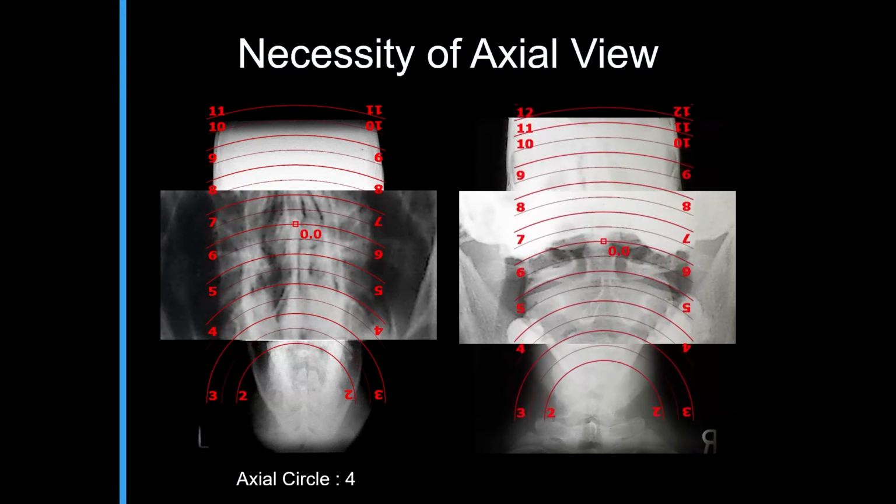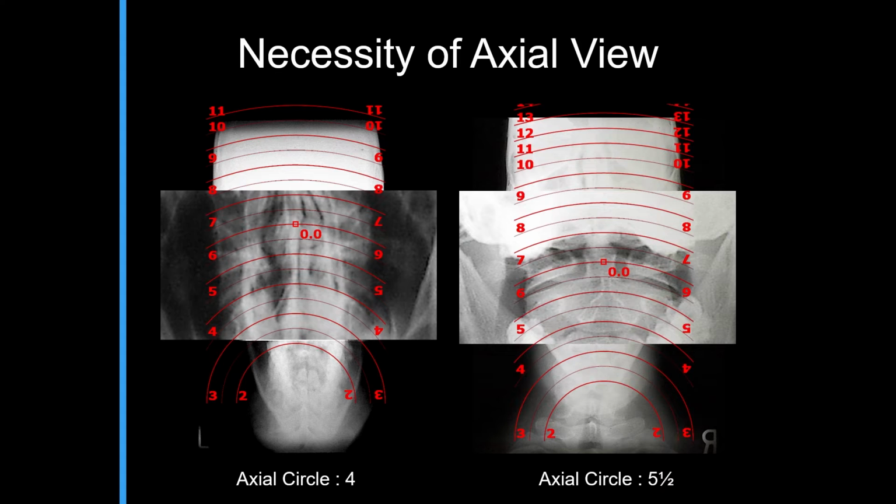But here you go. Here's the old way of how we would use these templates to know the diameter of the actual circle from a frontal perspective versus an axial, and that is a big difference between the two.